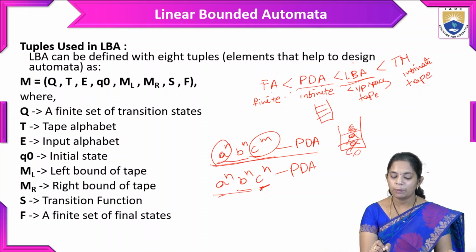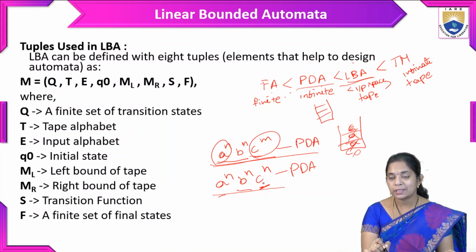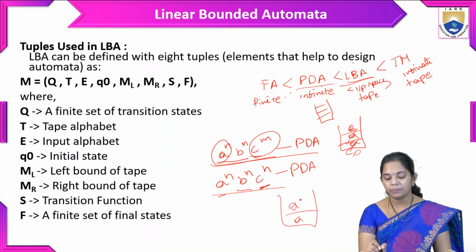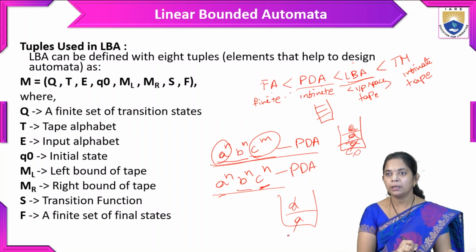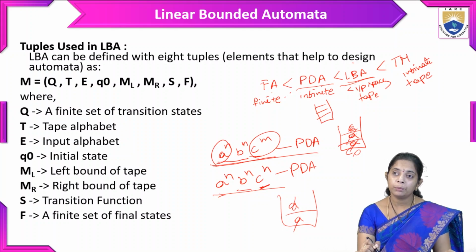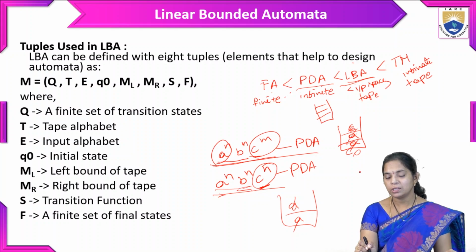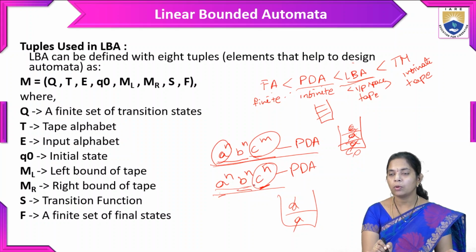And coming to a power n, b power n and c power n, if we read A, we insert A into the stack, and while reading B we pop the A's, so that these two conditions are satisfied. And what about C power n? It is not handled, so we need to compromise.